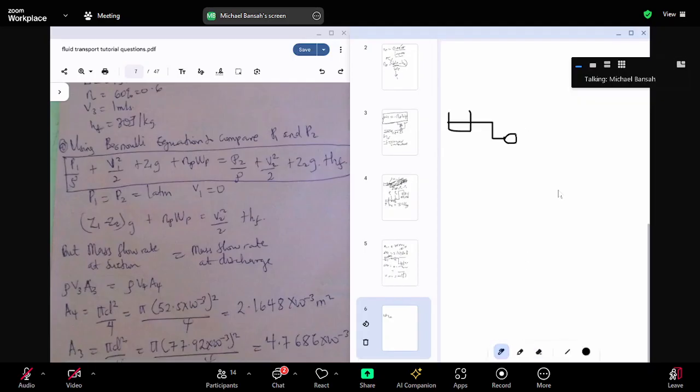I'm doing my best. So let's say this is the pump. It pumps my fluid. Now I'm just doing this because of certain things I want to represent into my tank.